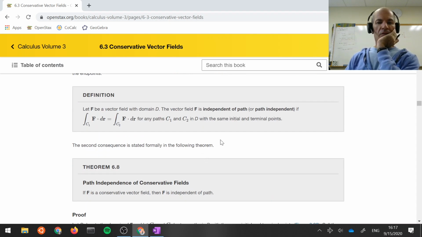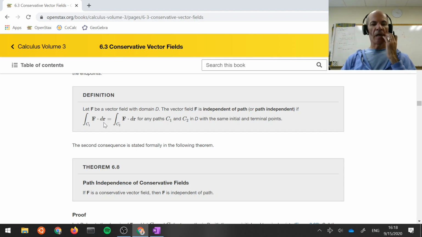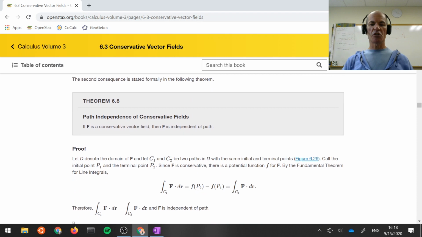So this is the idea of independence of path, and we say that one of these integrals is independent of path if the value of the integral depends only on the starting point and the ending point, not on how you get from one place to the other. And once you have that definition, path independence of conservative fields follows. If F is a conservative vector field, then F is path independent.